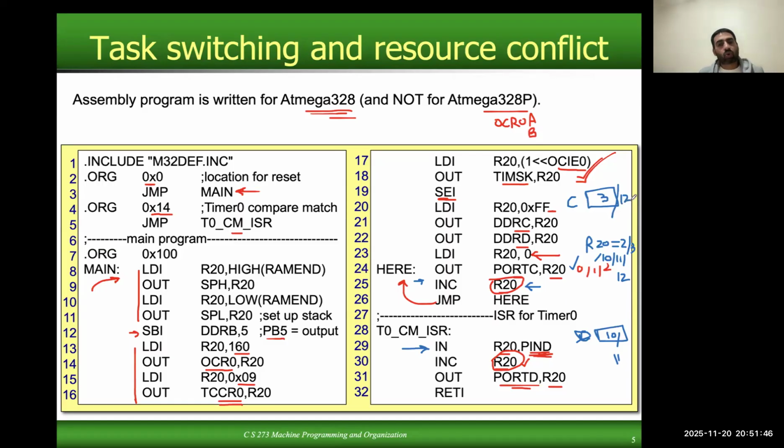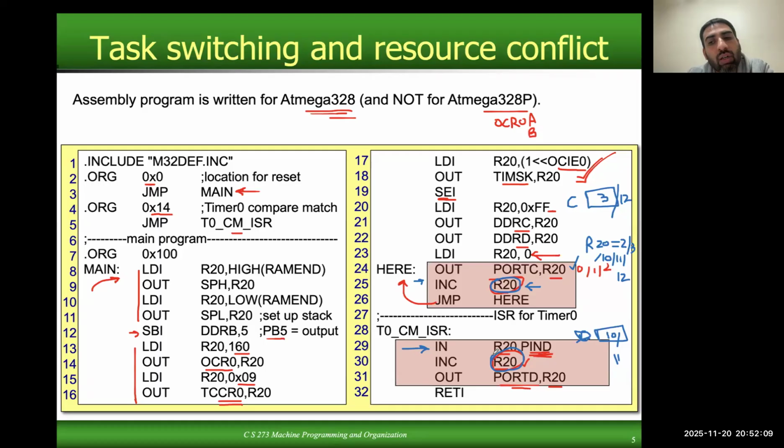So this is like a resource conflict. Why is this a resource conflict? Because you are using R20 both in the code where you are sending the incrementing values to port C, and in the ISR where you are sending the incrementing values to port D, right? So that is the problem. So how can we resolve this conflict?